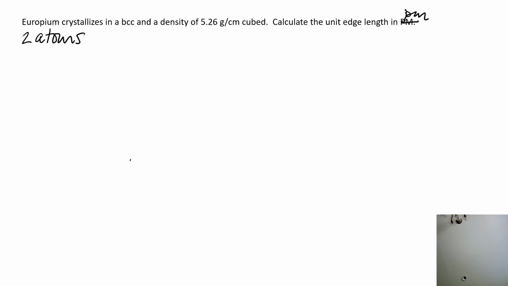And the mass then of the cubic cell will equal the mass of 2 europium atoms.